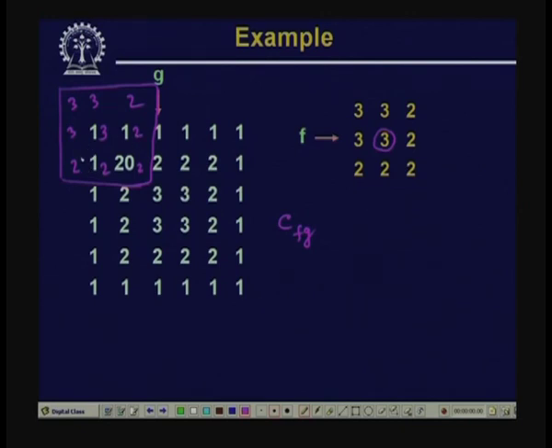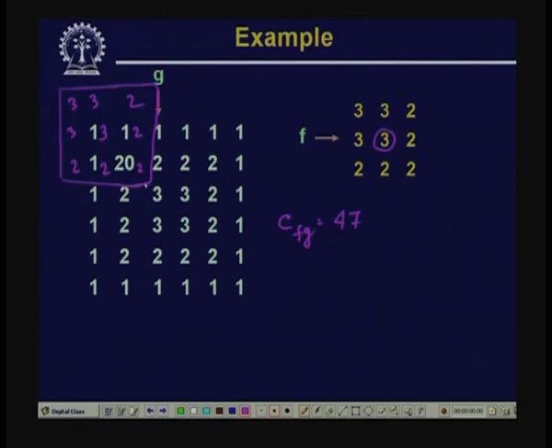Here, if you compute, you will find that CFG, for this particular position, for this particular shift, will attain a value of 47, because here it is 40 plus 2 plus 2 plus 3. So, this assumes the value of 47.